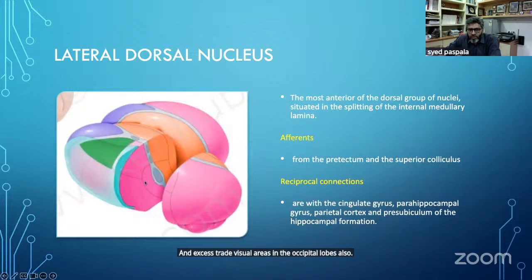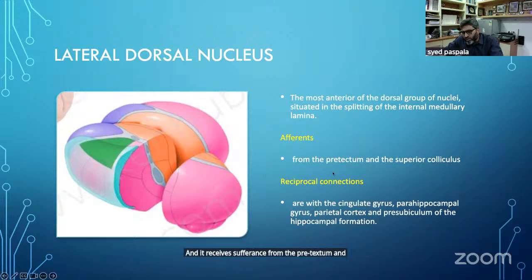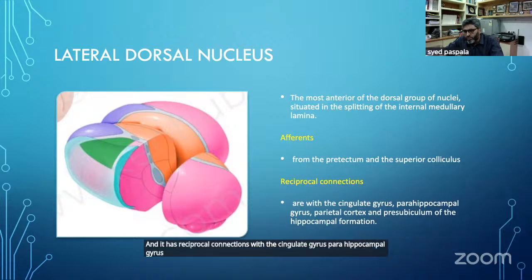And this is the lateral dorsal nucleus here. This is the most anterior part of the dorsal group of nuclei in the lateral nuclear group. It receives afferents from the pretectum and the superior colliculi, and it has reciprocal connections with the cingulate gyrus, parahippocampal gyrus, parietal cortex, and the presubiculum of the hippocampal formation.